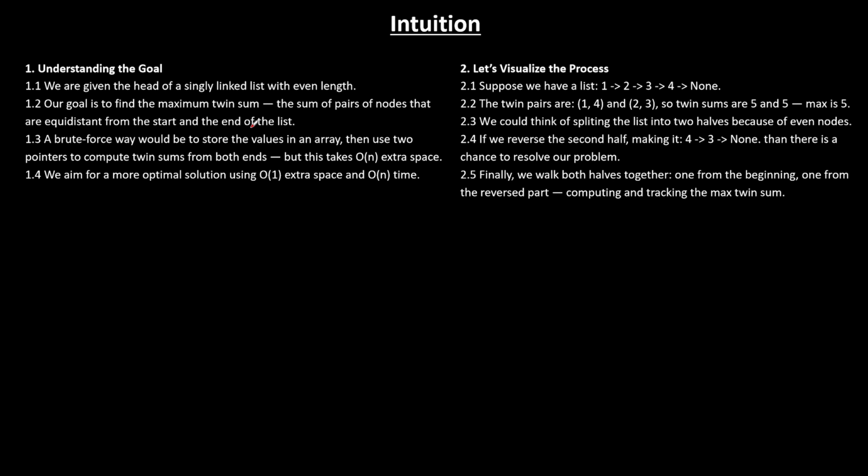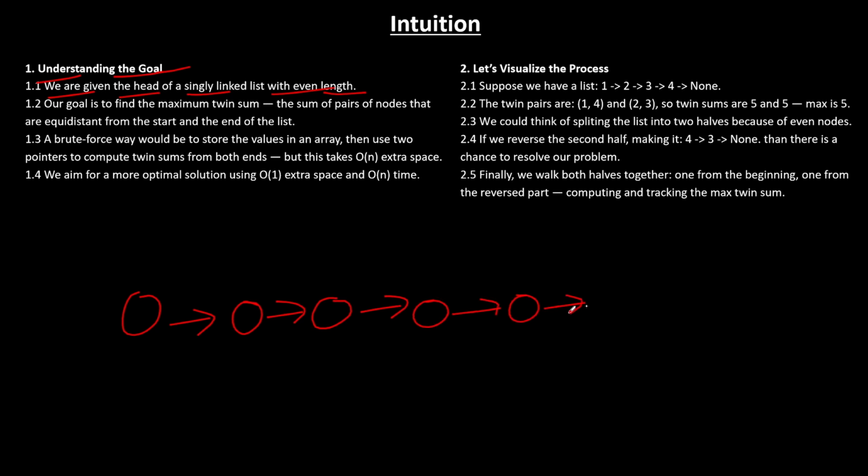To understand what the problem is asking, we should build up an intuition for the problem. Let's start by understanding the goal much more clearly. We are given the head of a singly linked list with even length, say 1, 2, 3, 4, 5, 6.